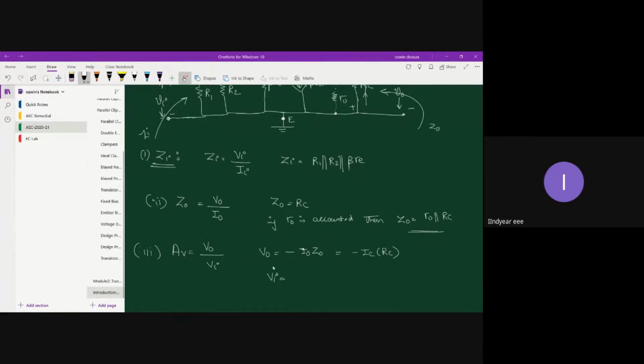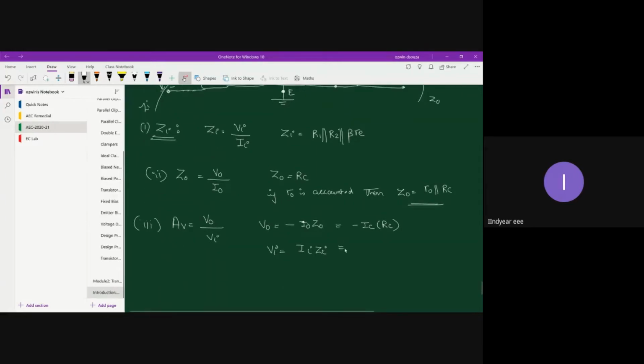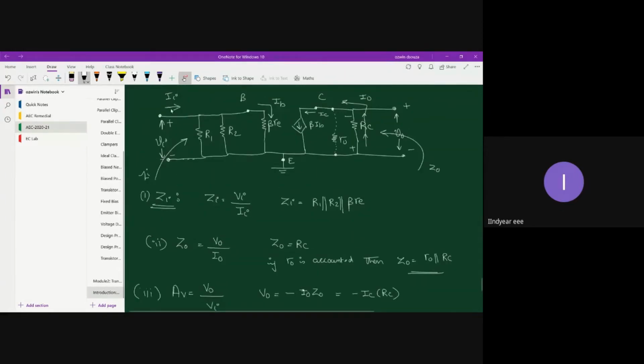Then comes VI. By definition, VI is II into Zi. Or I can also say that this VI will come across base and ground. Because it's a parallel connection, measuring VI across R1 or across R2 or across beta RE is going to be the same.